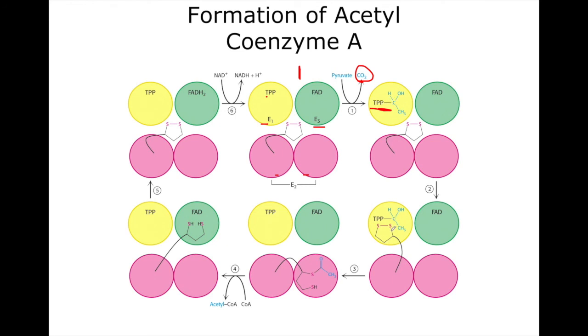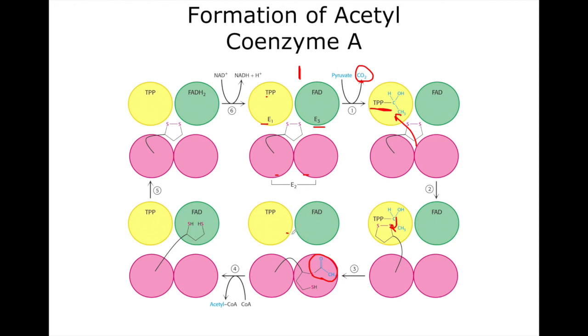Now, in the next step, the lipoamide is going to swing into the E1 active site, and my hydroxyethyl intermediate is going to bind to that lipoamide, forming an acetyl group. So now we've transferred that hydroxyethyl group to our lipoamide, and it transfers as an acetyl group.